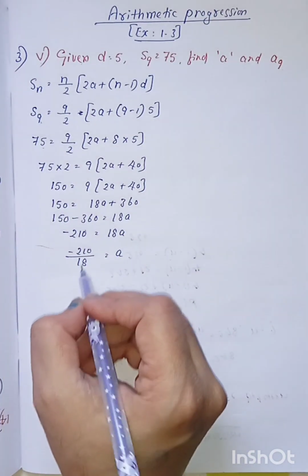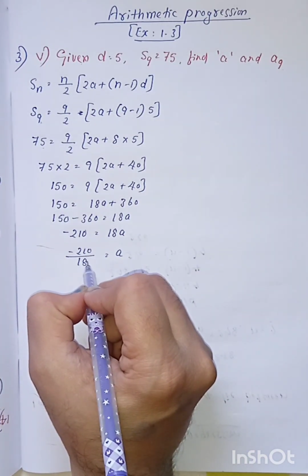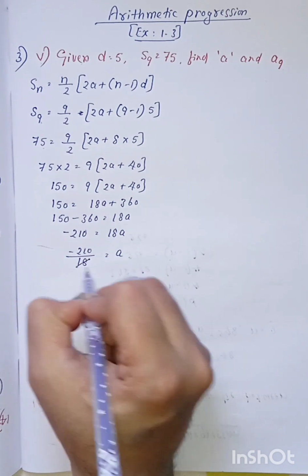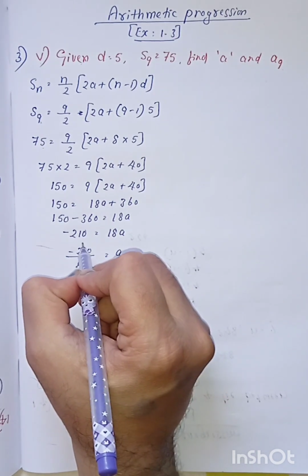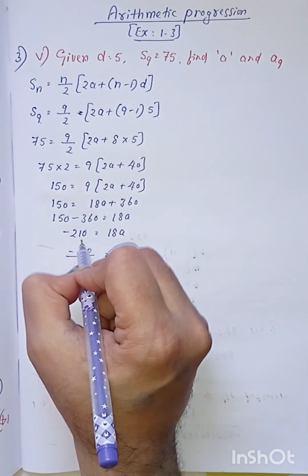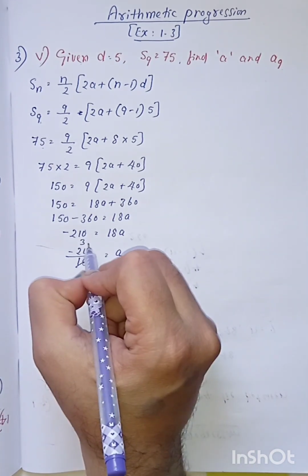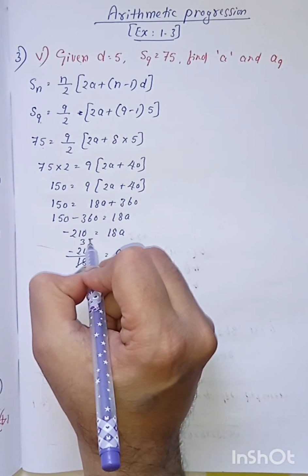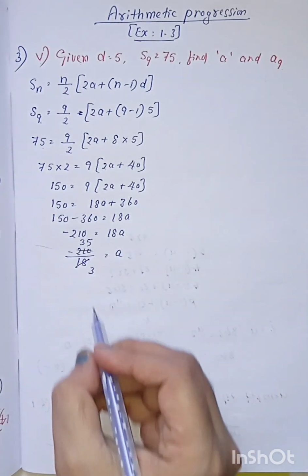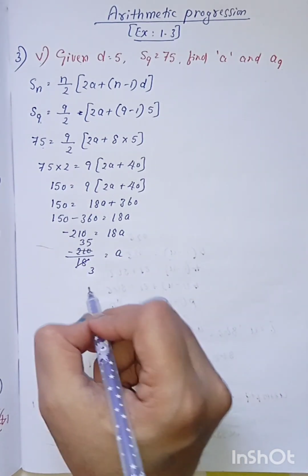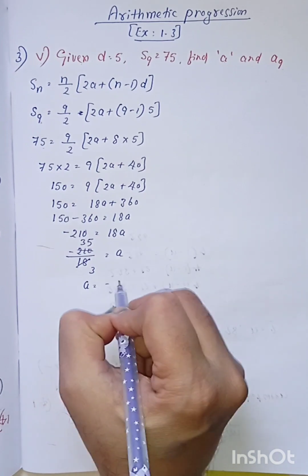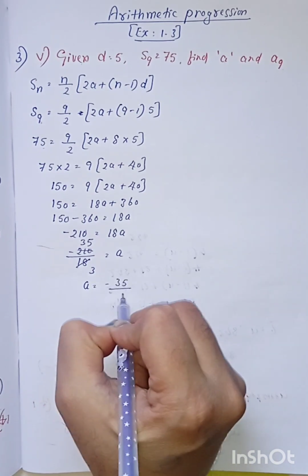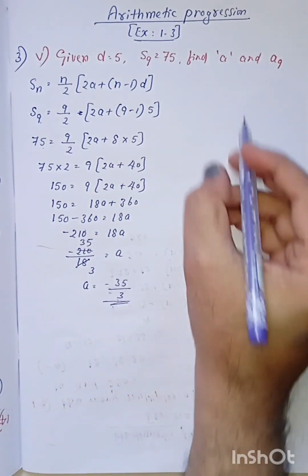We can do the division with the help of the 6. 6 3s are 18, 6 2s are 12, 6 3s are 18, 3 remains, 6 5s are 30. So you can take a equals minus 35 by 3. This is the answer for a.